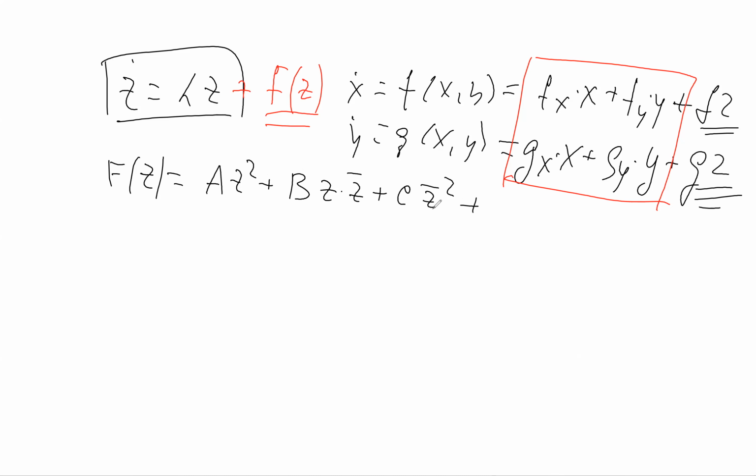So these are all the second order terms, and then there will be d z cubed, e z squared z conjugate, f is busy anyway, z z conjugate squared, and plus g z conjugate cubed.